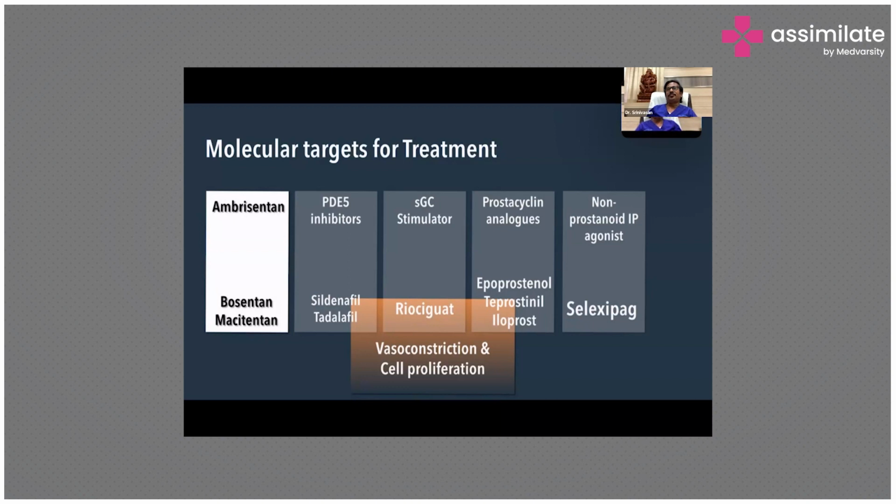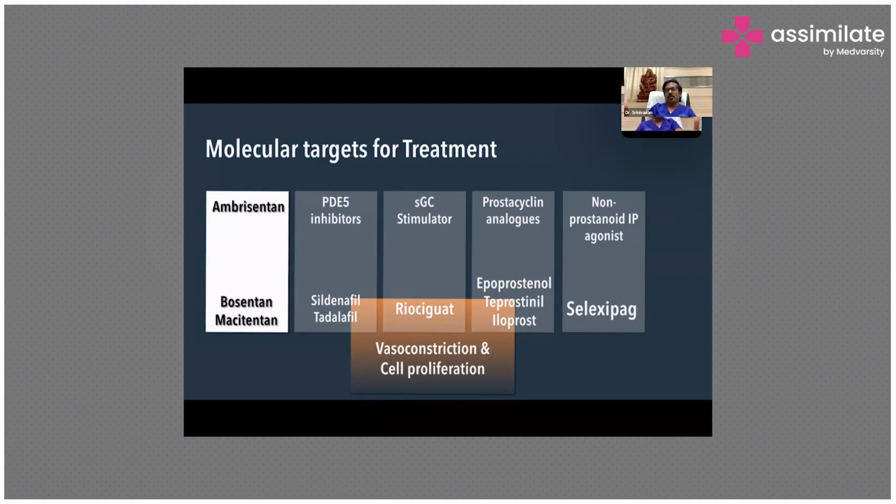Then you have the soluble guanylate cyclase stimulators. The drug is riociguat, and this also has been studied in some of the trials. These act on the nitric oxide pathway because they increase cyclic GMP, and thereby they increase the vasodilatory and anti-proliferative mechanisms.